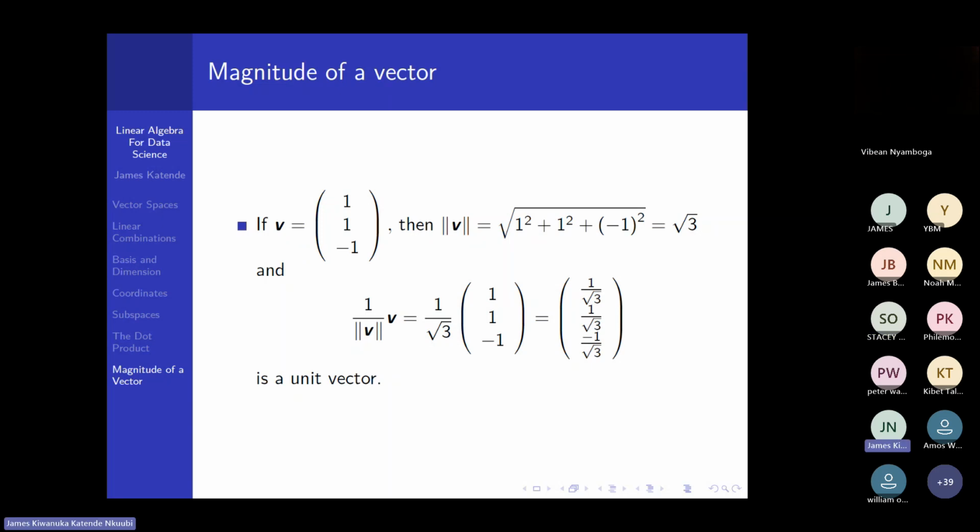You don't need a calculator for this. It's actually faster without a calculator, because you are multiplying each of these by themselves. When you do that, you get 1/3 plus 1/3 plus 1/3, which is 1.